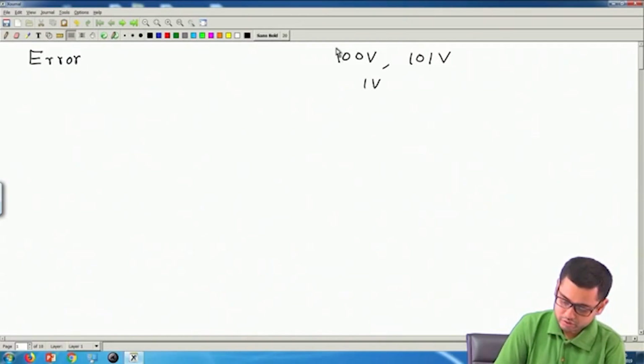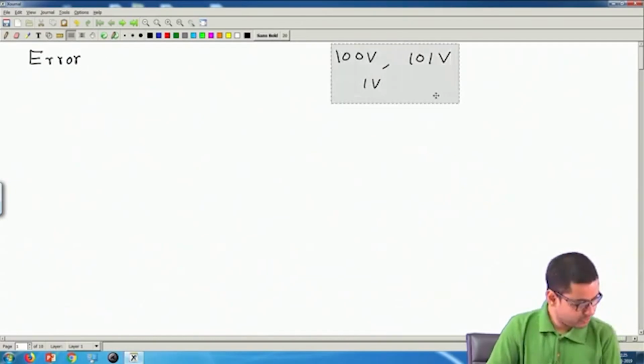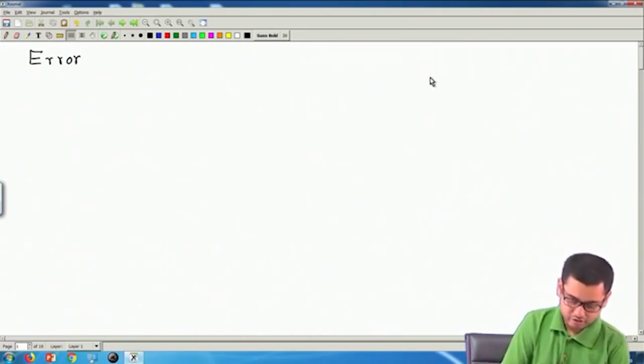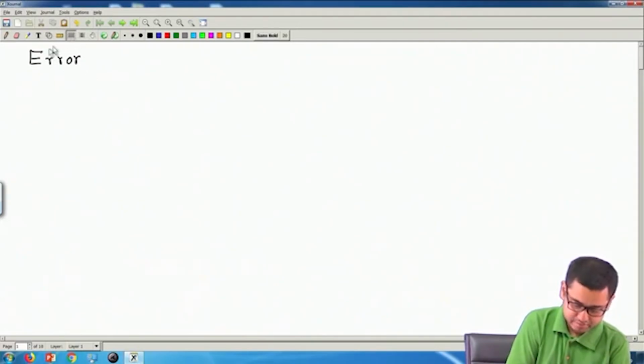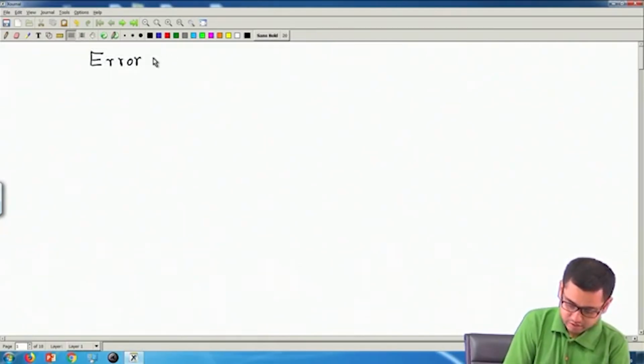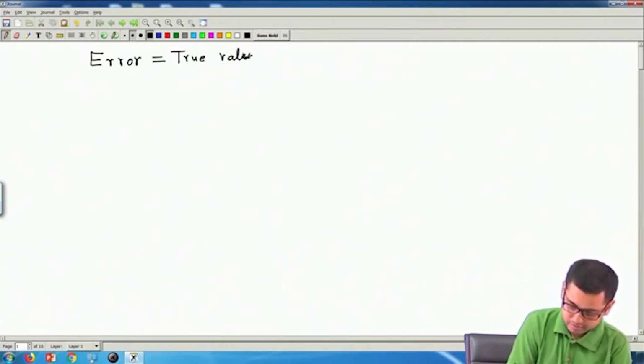So we can define the error as true value minus measured or estimated value.